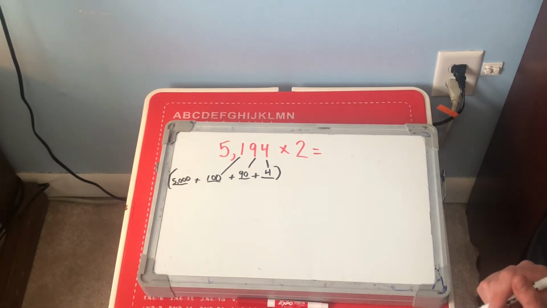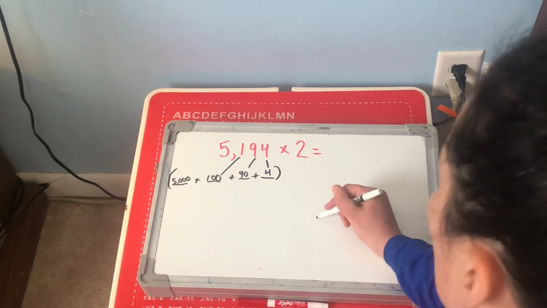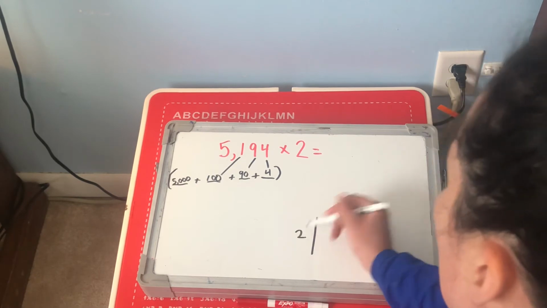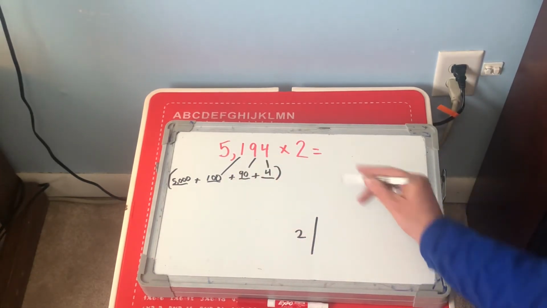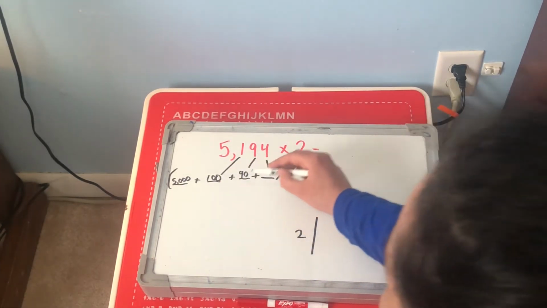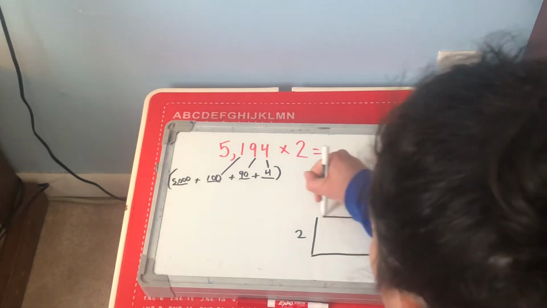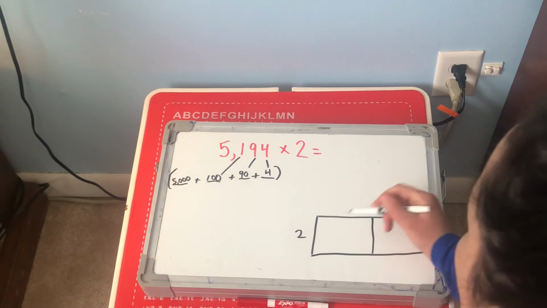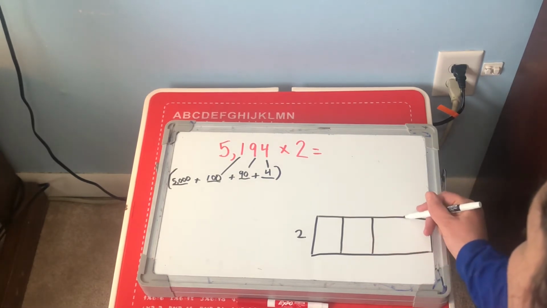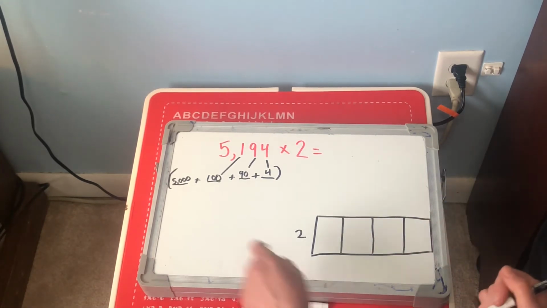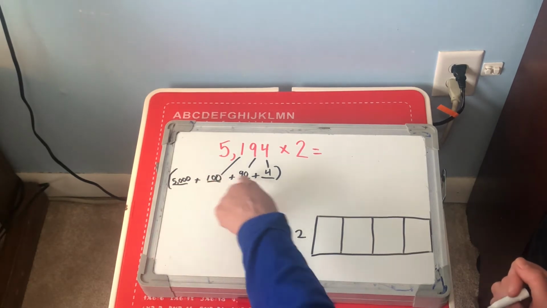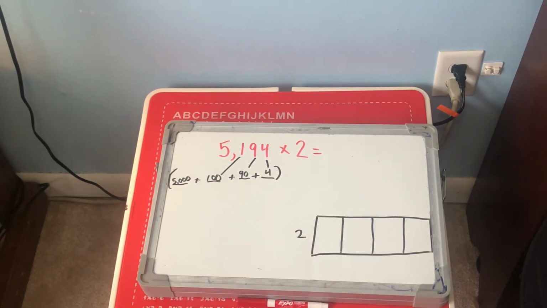Step 2, set up your area model. Set up your boxes. So I know that going down is only 1 digit, that's my 2. But going across, I need 4 digits. The best way to make 4 even boxes is to divide in half, and then divide in half again. And then I'm going to put each one of these values at the top of a box.